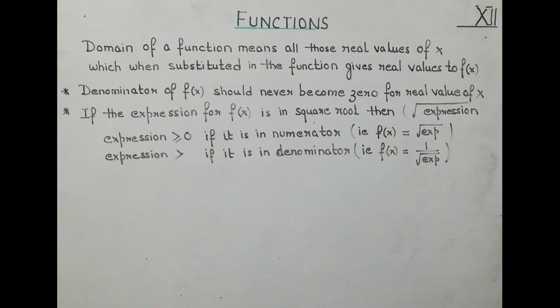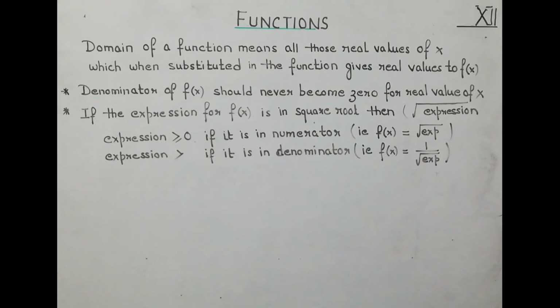Now there are 2-3 points which we have to keep in mind. The first point is that to get f(x) as a real value, the denominator of f(x) should never become 0. Because if the denominator of f(x) becomes 0, then you won't get a defined value for f(x).